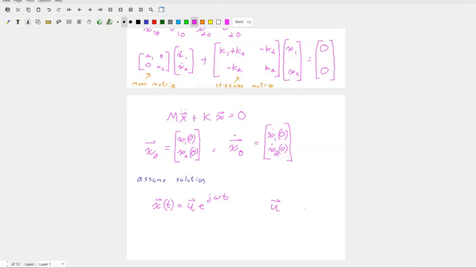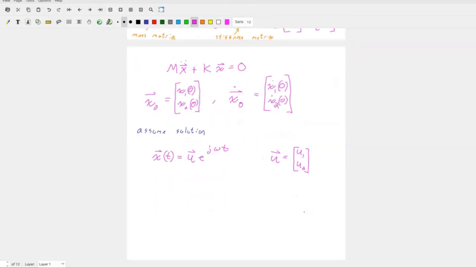So u vector, that's just u1, u2. My first mode shape, my second mode shape. Everything's the same as before. Euler harmonic, j equals the square root of -1, omega is the constant to be determined, things of that nature.